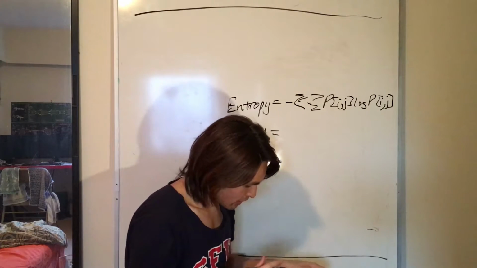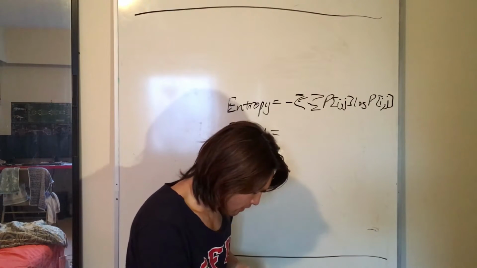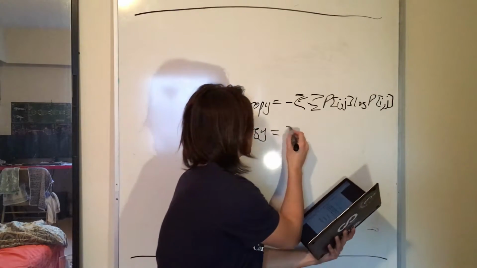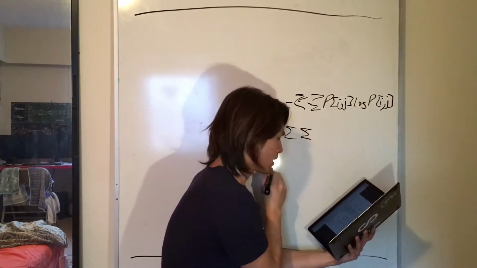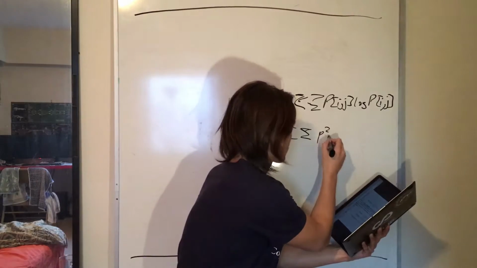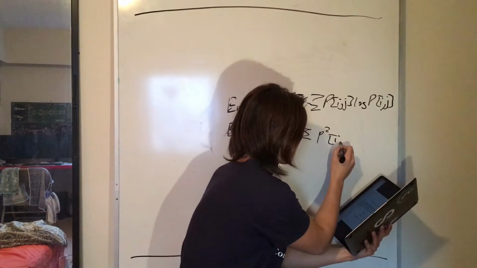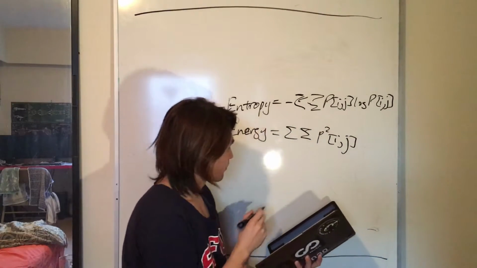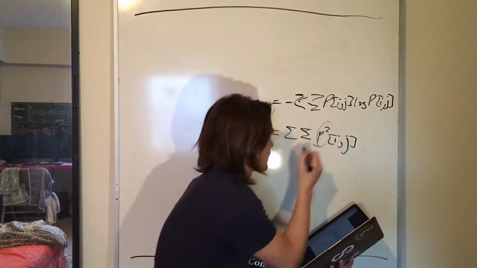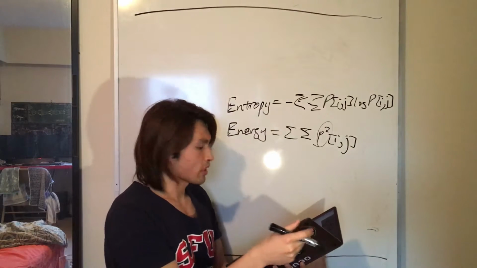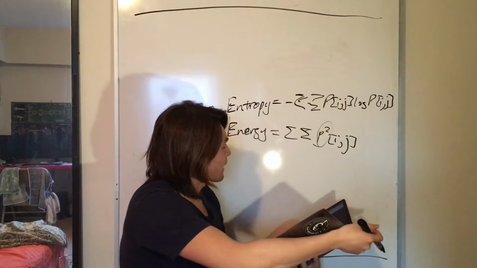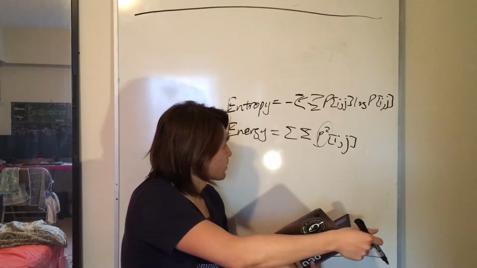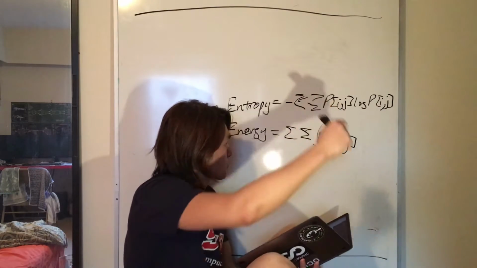And energy is the sum of P squared, the co-occurrence matrix. So this almost doubles the values: adding up all the values in the co-occurrence matrix and then squaring it, so this value is going to be a lot bigger than this one.